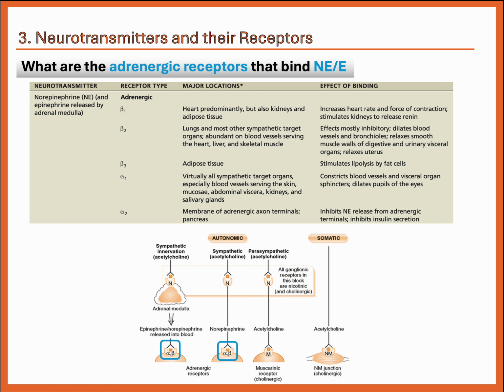But again, norepinephrine will stimulate the heart, but it will relax the stomach, right? So how does it do that? Well, the heart and the stomach probably have different receptor types and will have different effects, right? Because the same neurotransmitter binds onto it, there must be something different, right? So that's how we can modulate our effect.